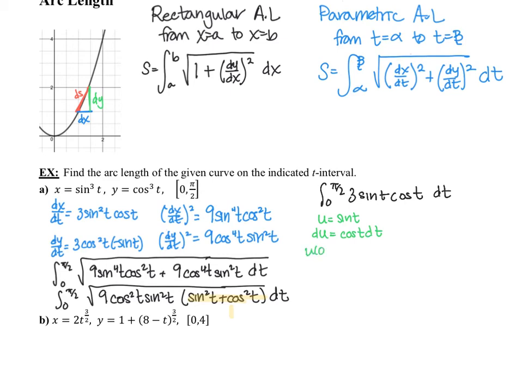Then u of 0 is 0, and u of pi over 2 is 1. So let's change this integral to be the integral from 0 to 1 of 3u du, which is going to be 3 halves u squared evaluated from 0 to 1, which gives me 3 halves. So the arc length of that curve would be 3 halves.